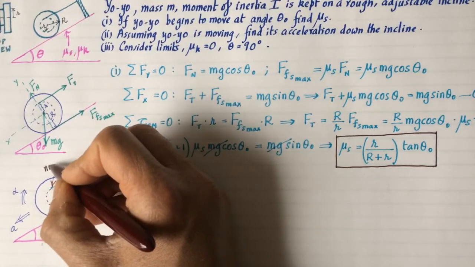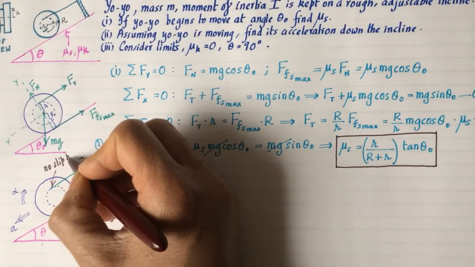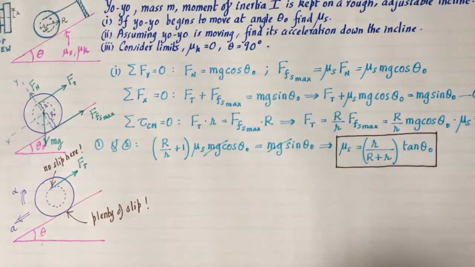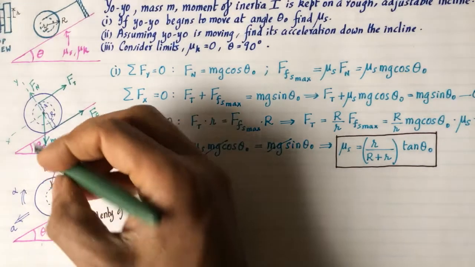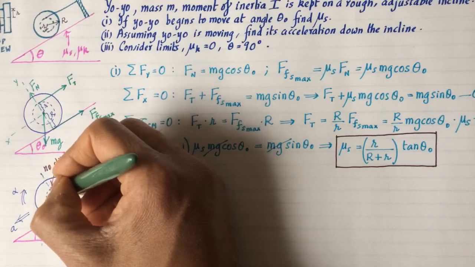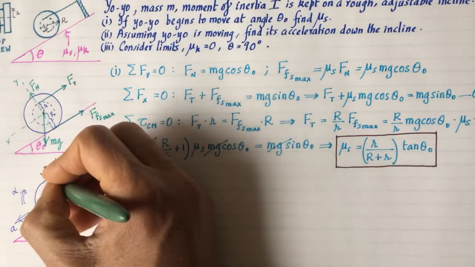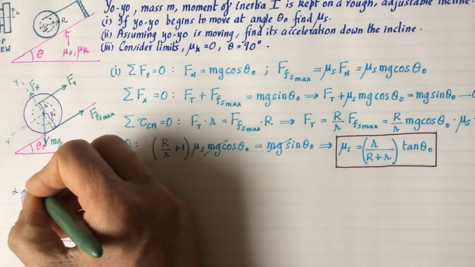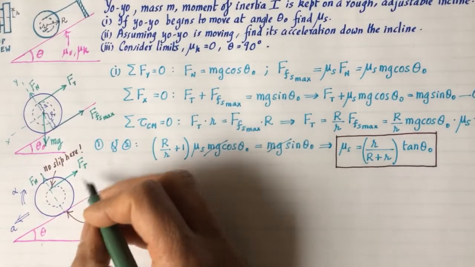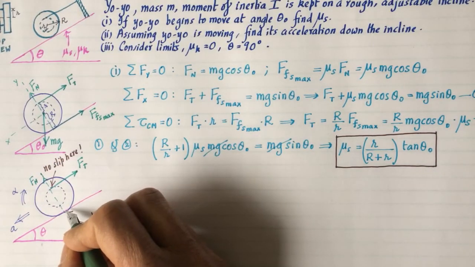The thread is not slipping. So we have to use the small radius r to implement the no-slip condition. And that's about the only significant complication here, or rather the observation is that you have to use little r instead of capital R for the no-slip condition. The rest is just like any other rotational problem.